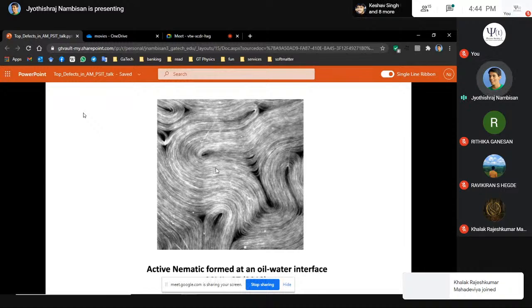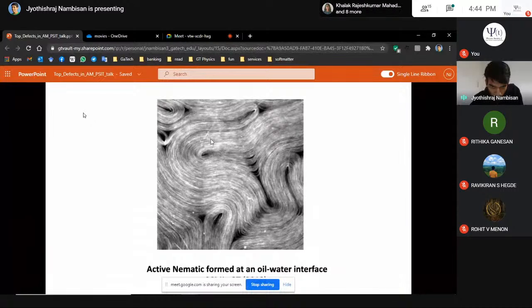Before I play the video, I would like to point out that you can actually see the +1/2 defect, a comet, a C-shaped defect here and here. I hope you can see my cursor, and you can see the threefold rotationally symmetric -1/2 defects. These triangles here, over here, over here, and things like that.